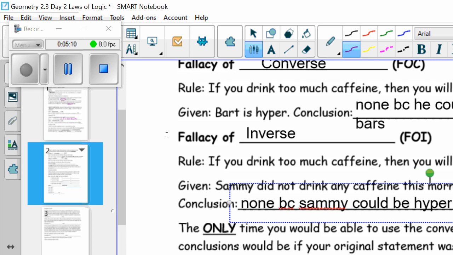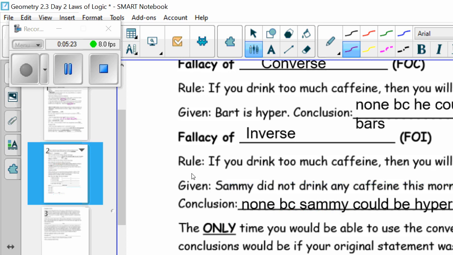So again, maybe Sammy's hyper because he ate 10 candy bars. The only time you would be able to use the converse and inverse to make conclusions would be if your original statement was true in all four forms, like in the case of a definition.